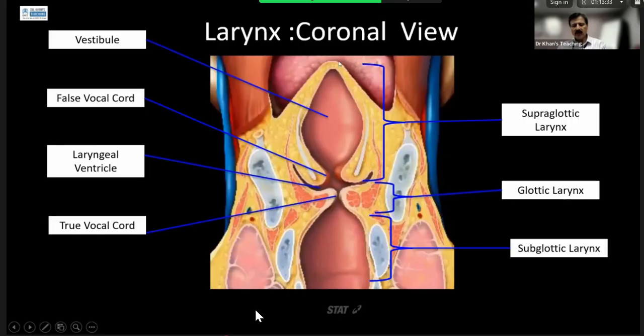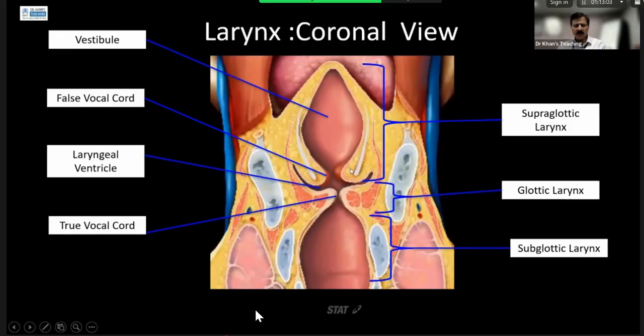Superior to that is the supraglottic, and inferior to that is the subglottic or infraglottic larynx. There can be tumors sitting in the glottic level, tumors sitting in two levels, and transglottic tumors which are on all of them.